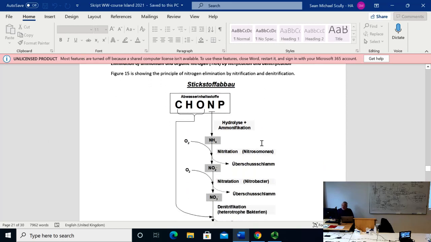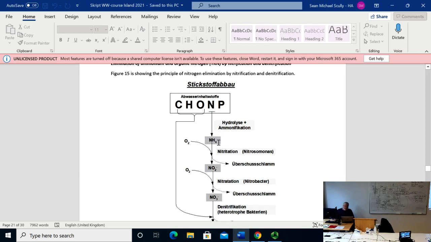Okay, let's look at this. What happens, and we again have all those pollutants, HCNOPN, but really we are just talking about ammonia here. By deammonification, hydrolysis, and deammonification, that's wrong here.